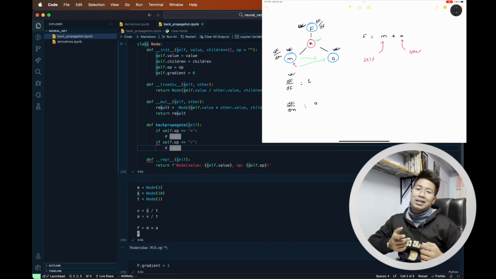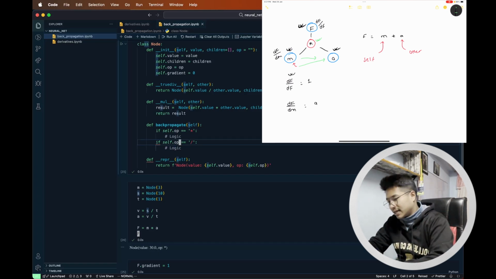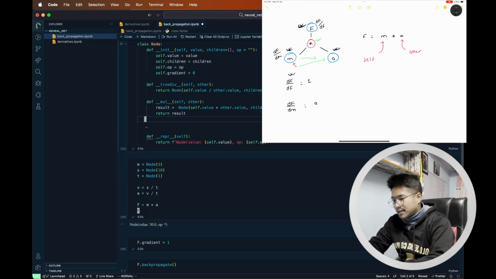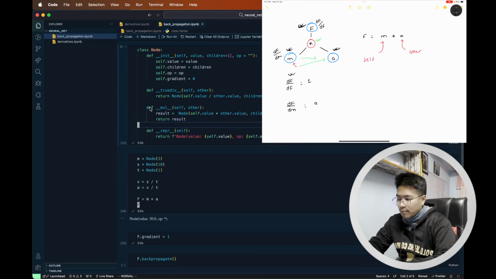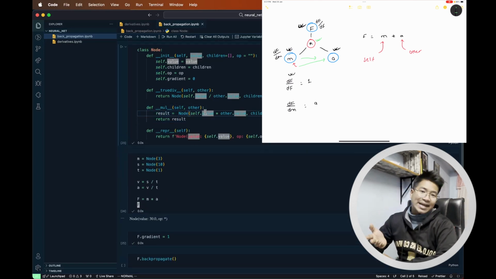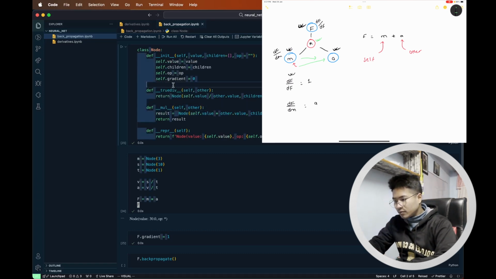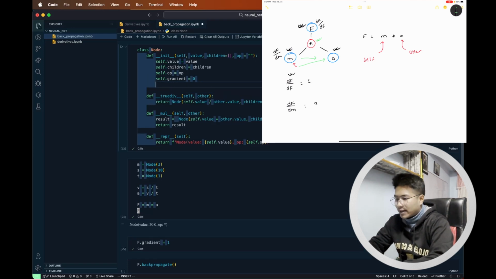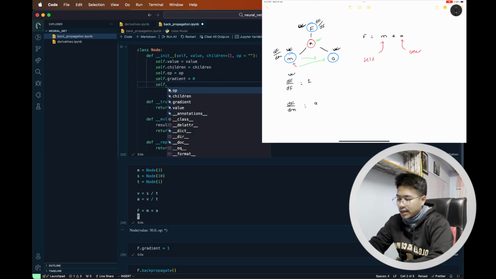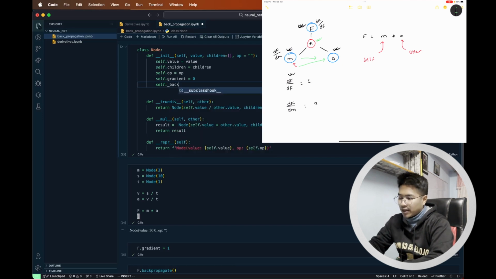So instead of doing that, we're going to use a hack. And that hack is basically, whenever I do a multiplication, I also attach a backpropagate function to this node. So how does that look? In this node, I am going to store a backpropagate function.